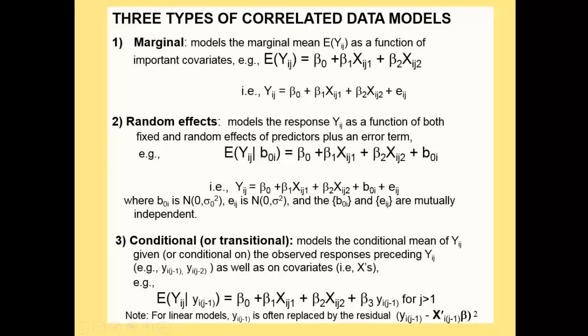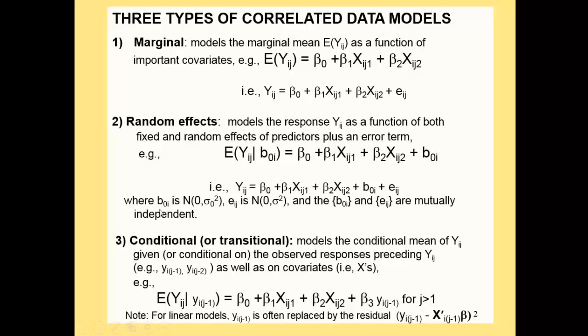Can anybody tell me why you have to write it as conditional on b0i if you're writing the expected value? Expected value notation for the model? Here's a hint. What's the expected value of our random intercept according to what's written up here? It's 0, okay?